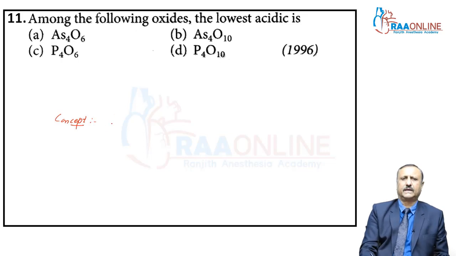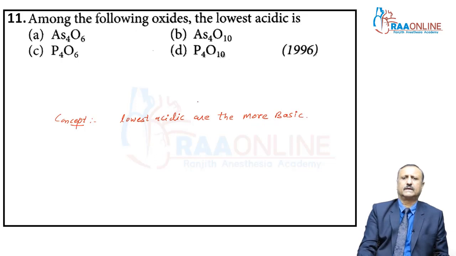Basic order or acidic order. Here you can see the lowest acidic. Lowest acidic compounds are the more basic. Those compounds that are the lowest acidic are the more basic.